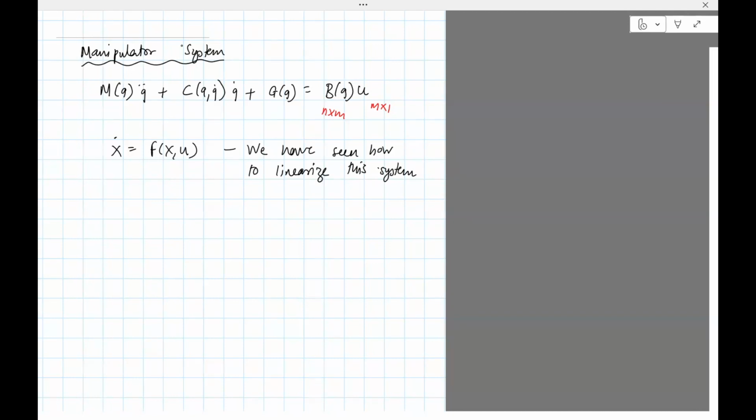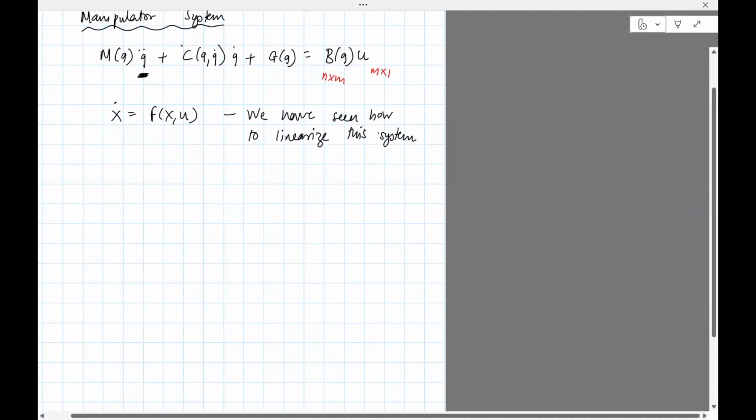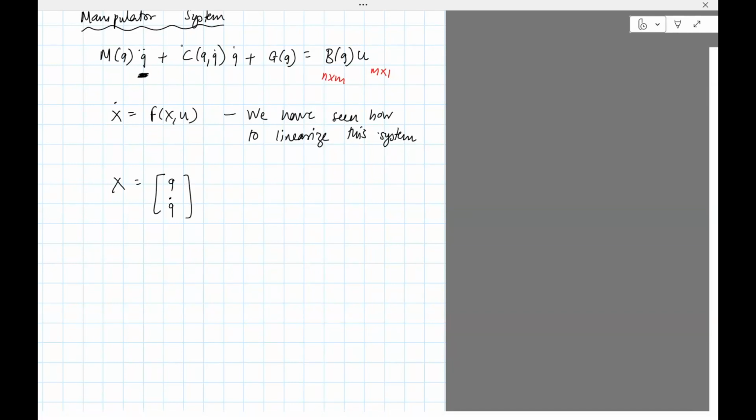Okay, so first of all, that equation x dot equals f x u is a first order equation, and we have a second order equation here. So first thing first, we need to convert a second order equation to a first order equation, or in this case, two first order equations. So let's treat x as q and q dot. You can choose x to be whatever you want.